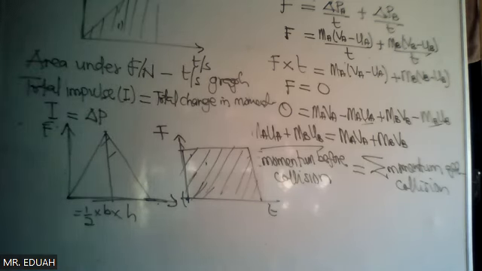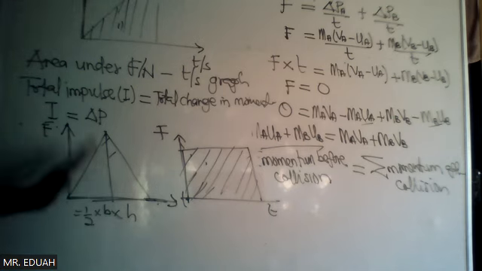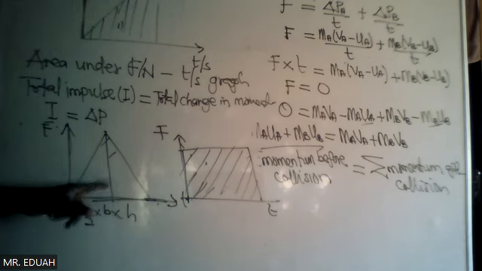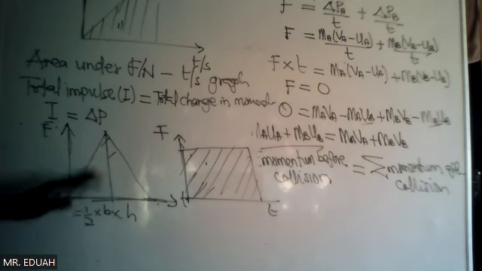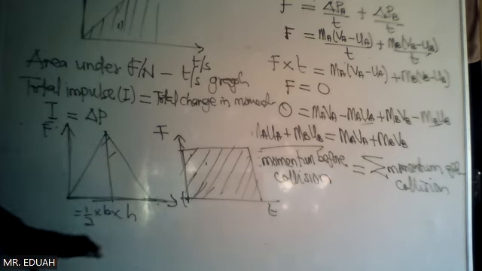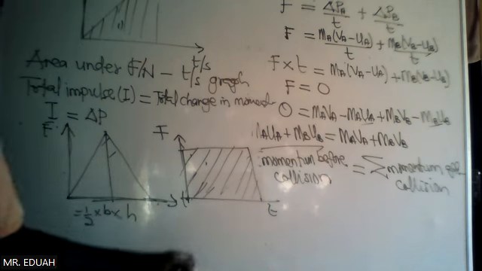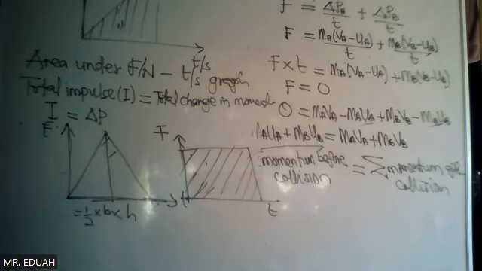If the area is a triangle, you use the area of a triangle to determine it, and whatever you have as the area of the triangle will be equal to the total impulse or the total change in momentum.